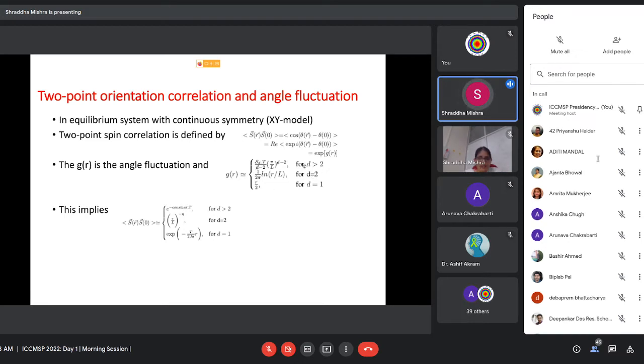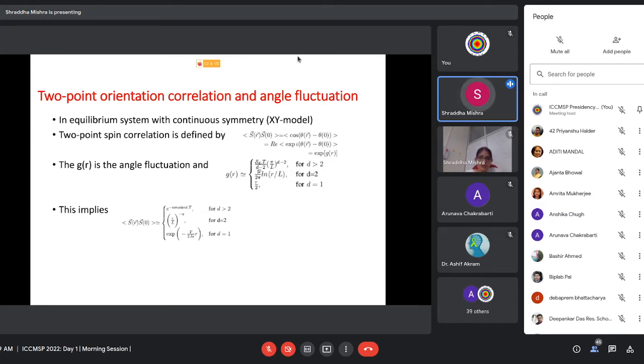Suppose I look at d equal to 2, which is our dimension here. In the XY model, we know that in d equal to 2 there is a quasi long range ordered state, and the angle fluctuation is logarithmic with respect to distance.